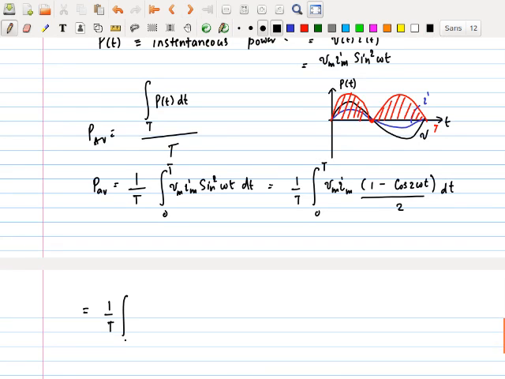Then this is equal to 1 over T going from 0 to T, right? In fact, I can take out the 2 also. 1 over 2T Vm Im dt. Then you got minus 1 over 2T going from 0 to T of cosine of 2 omega t dt. Now I don't care whether it's cosine 2 omega t or whatever the omega t is.